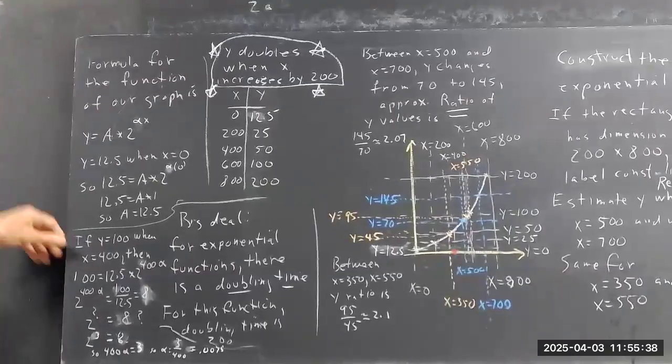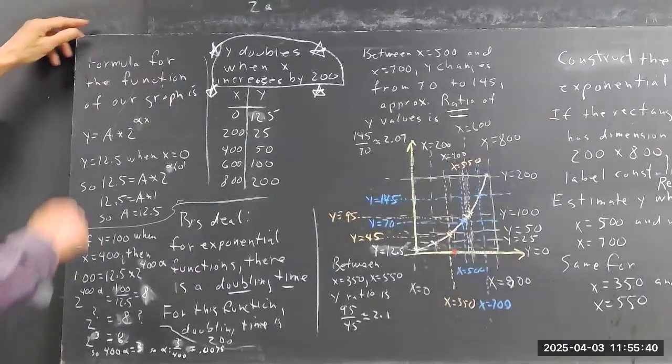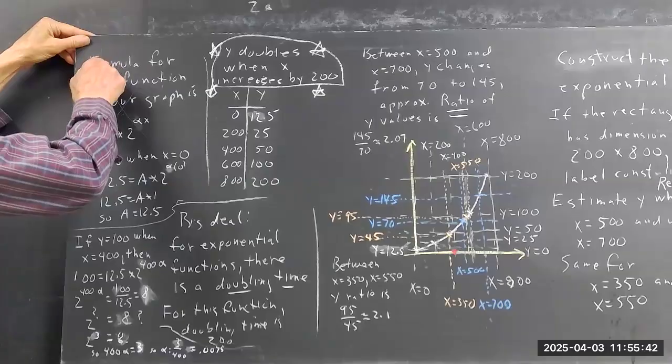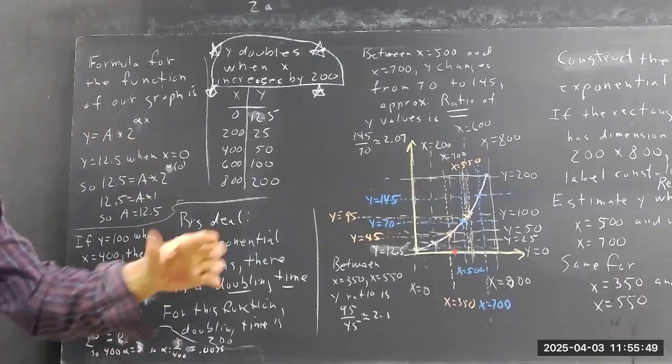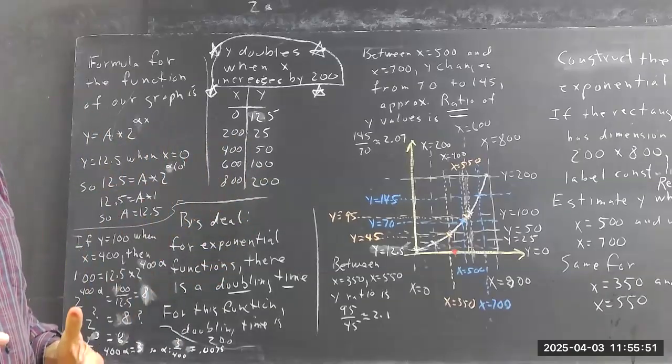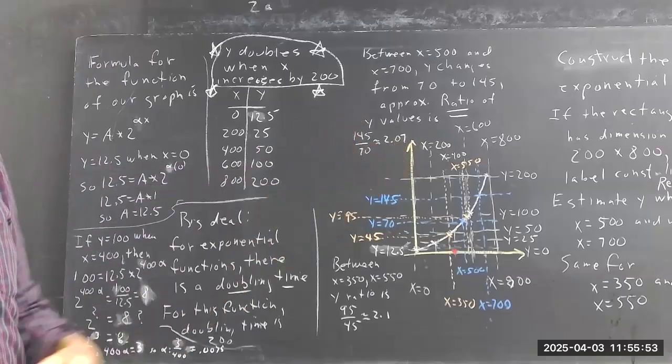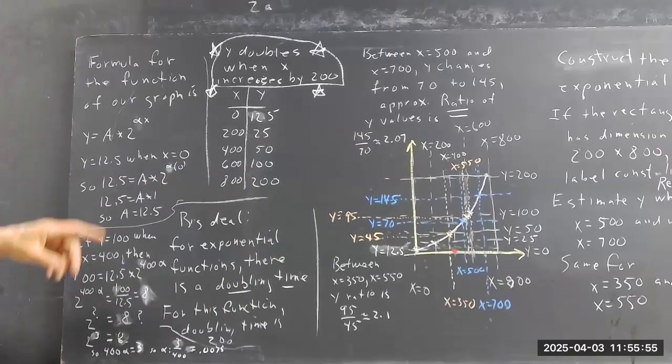I mean, I started out okay. I said, okay, the formula for the function, it's an exponential function, means it's a vertically stretched 2 to the x function, right? It's also horizontally compressed or expanded.